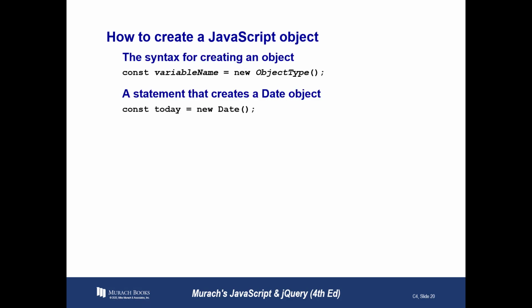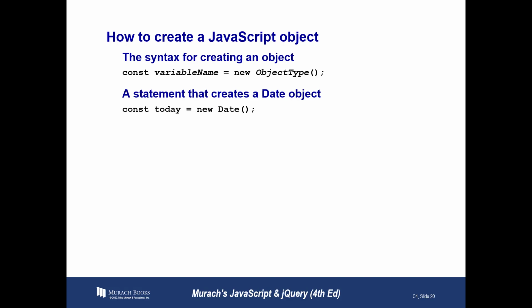All right. Next, let's jump into these JavaScript objects. And again, an object is anything you want it to be. So for instance, the example on the bottom of the slide here, const today equal new date, you are creating a new date object. When you want to create a new object, it's called instantiating or instancing the object.